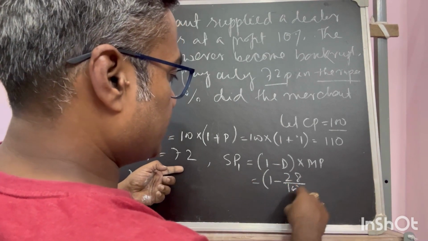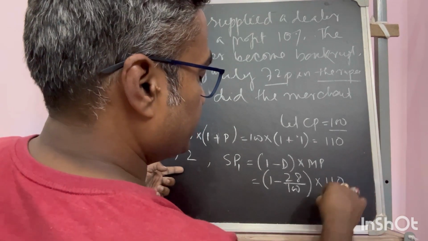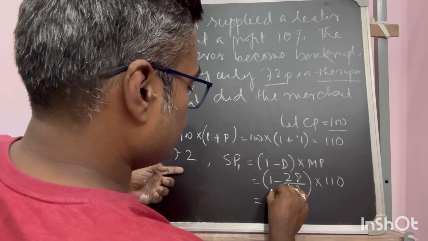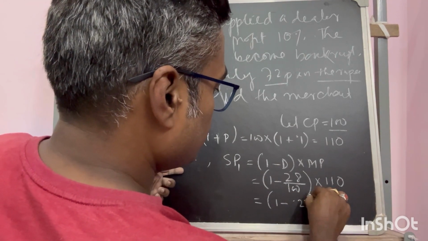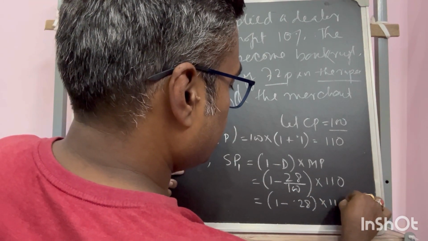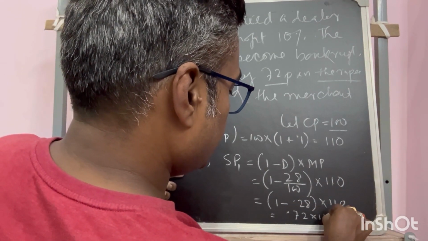But this has to be calculated on the intended price. So this is equal to 1 minus 0.28, into 110, which is 0.72 into 110.